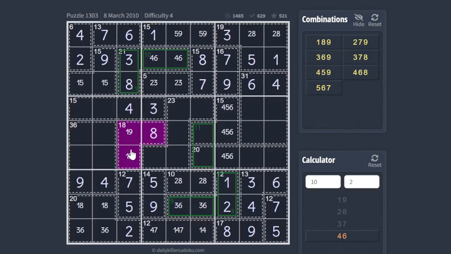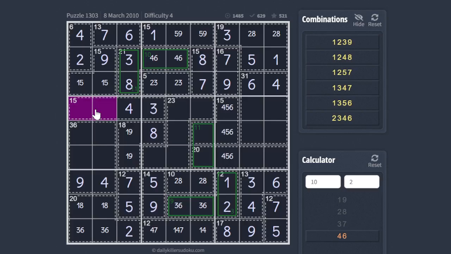All right. Now, I don't think we can resolve this yet. So let's move over to, well, let's see. Have we cleaned everything up? I don't know that we have. Here we go. This is a 2, and this is a 3. This is a 6, and this is a 3.